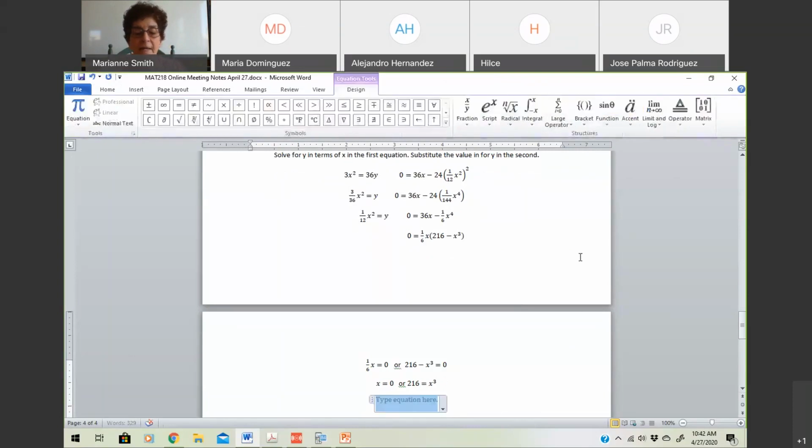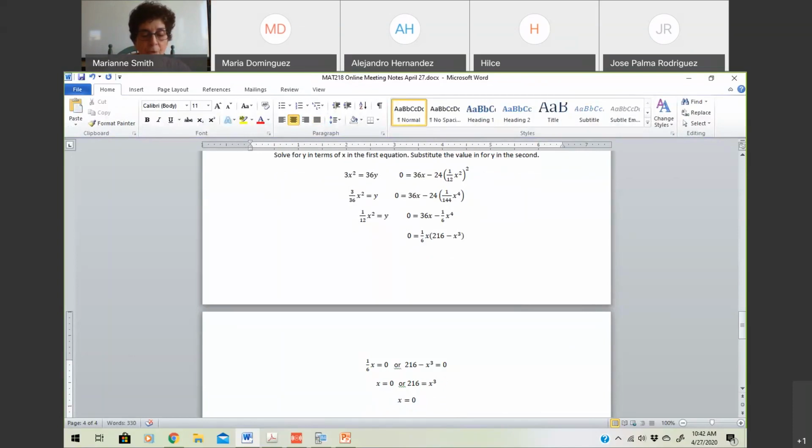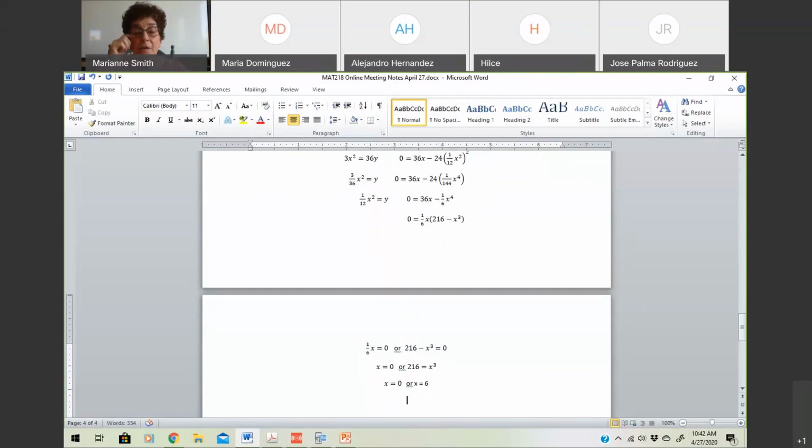So again, I have x equals 0 or x equals 6. Those are my values. Now I have to go back up and substitute both values into my y equation, those x values.